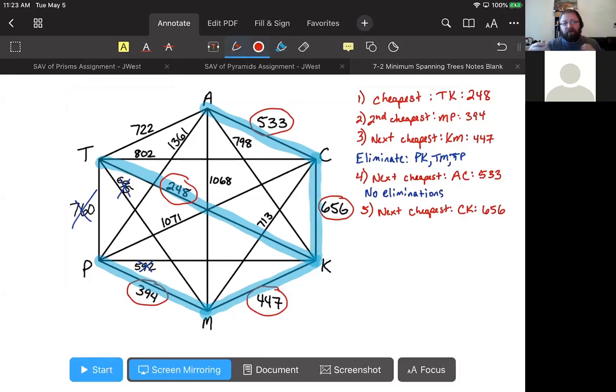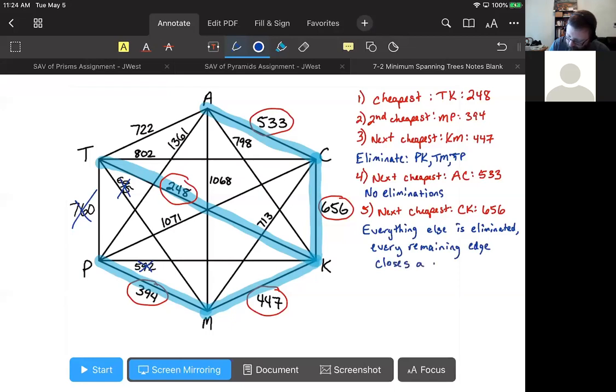Now notice that is our spanning tree. So in theory, everything else would be eliminated at this point, because every remaining edge closes a circuit. So now all we need to do is add up our weight.